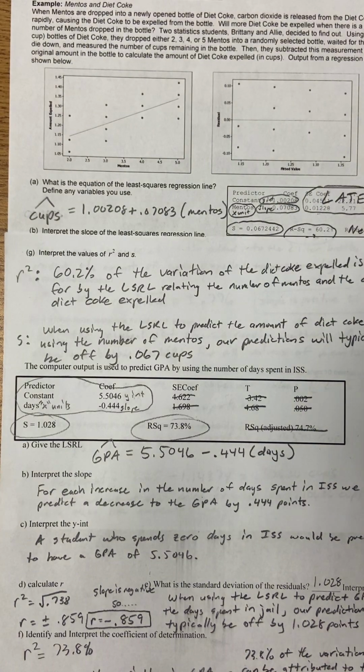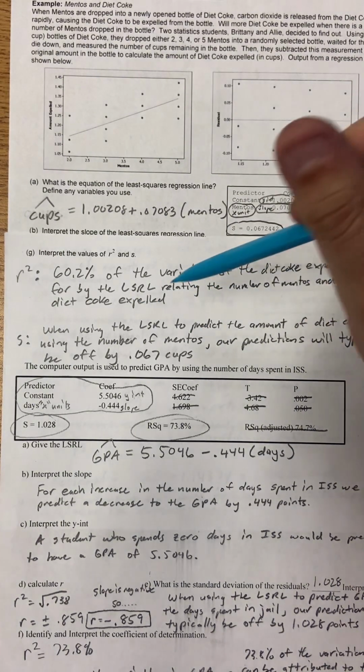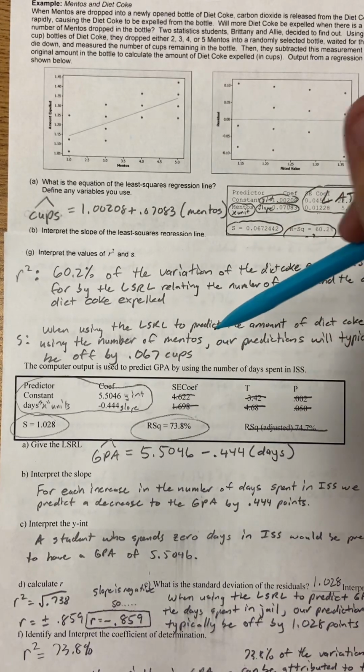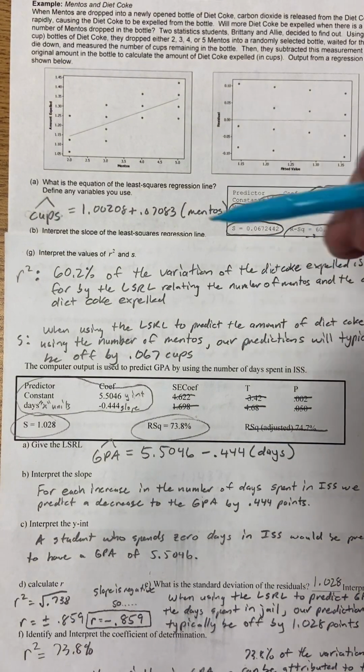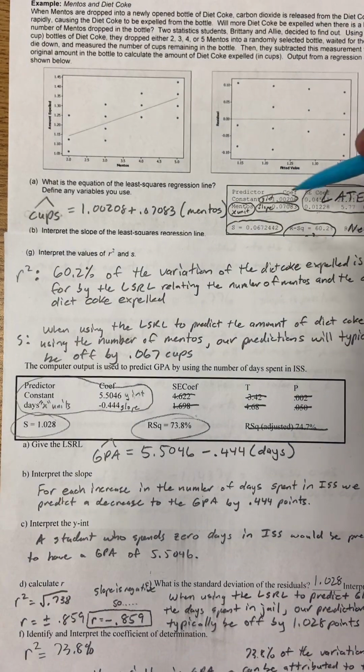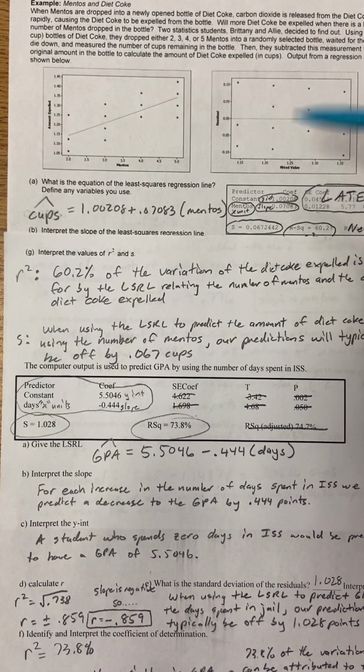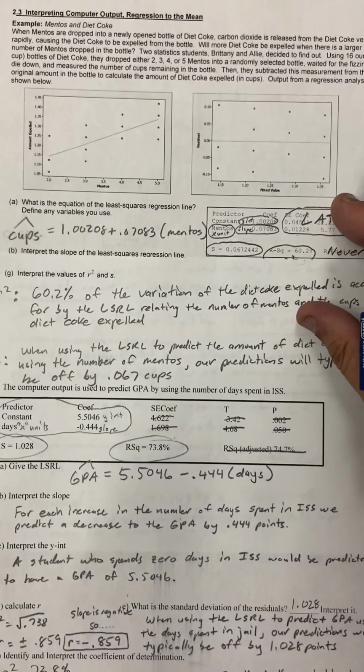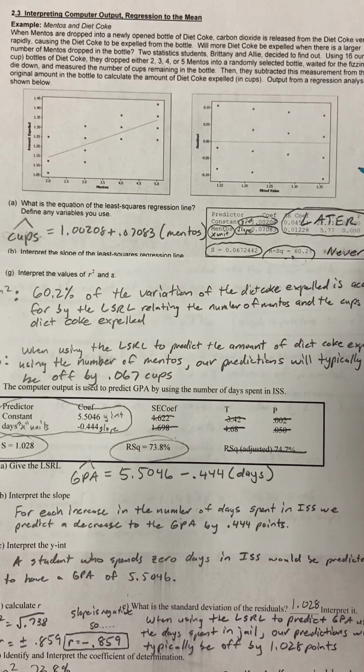Now, these two are more commonly used as not where I ask you to interpret it. But if I give you this computer output model and I said, what percentage of the variation in Coke expelled is directly related to the number of Mentos, you need to know that that's the interpretation of R squared and give the answer for R squared.